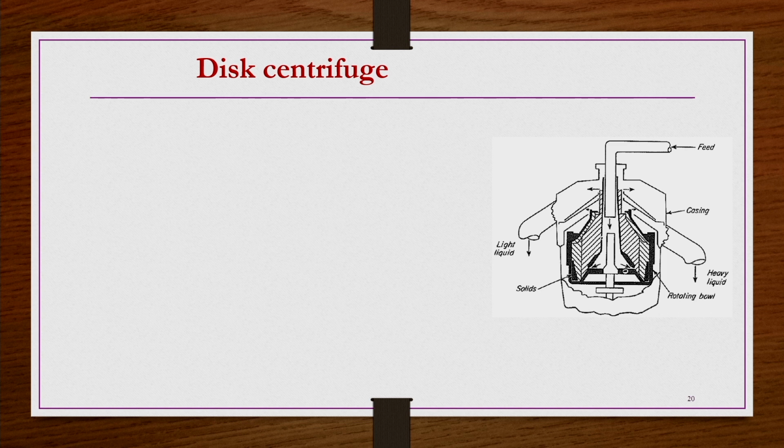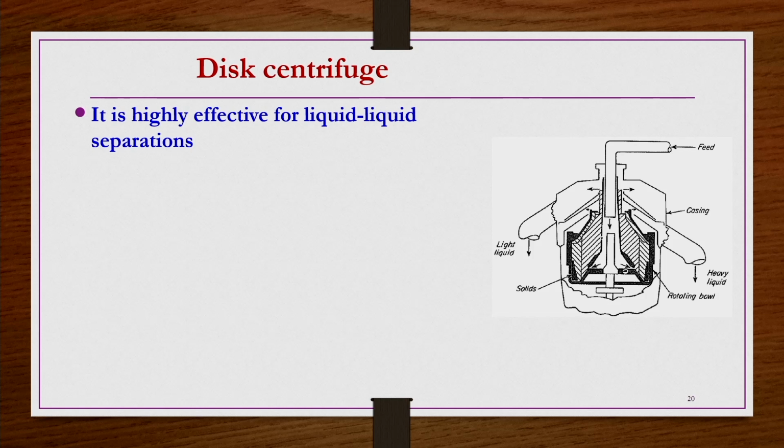Towards the center and towards the edge of these sheets, there are holes, and these holes form channels so that liquid passes from one sheet to the other. So, it is highly effective for liquid separations.